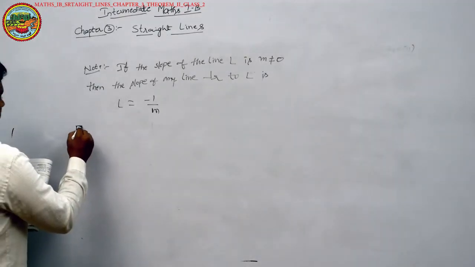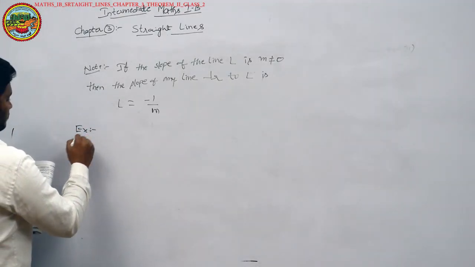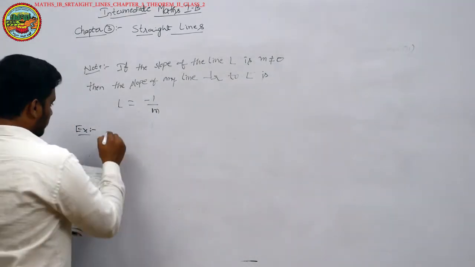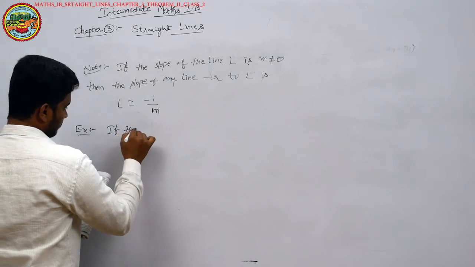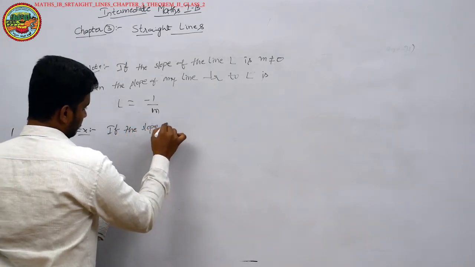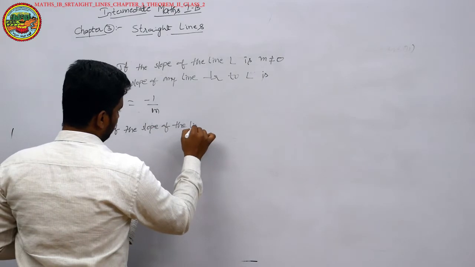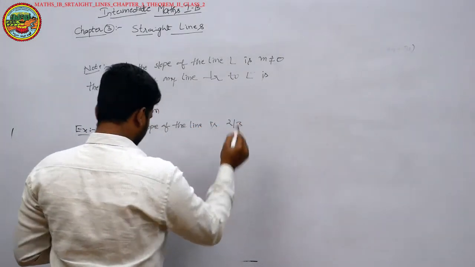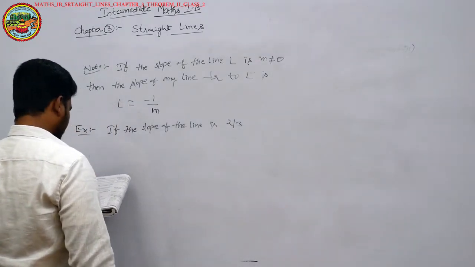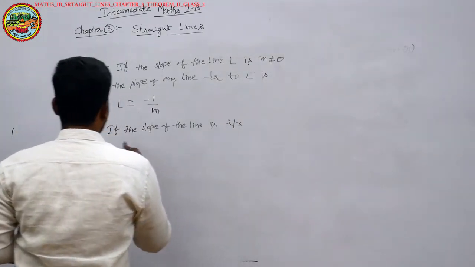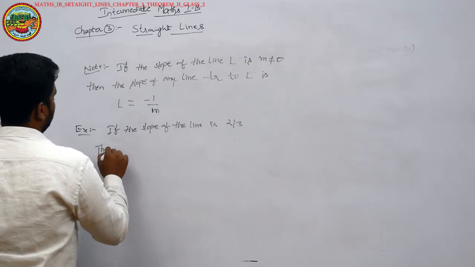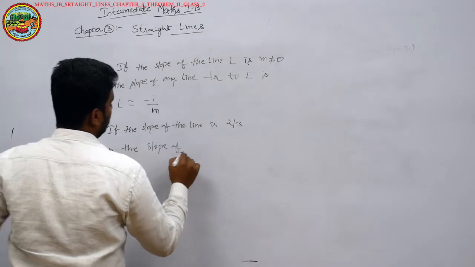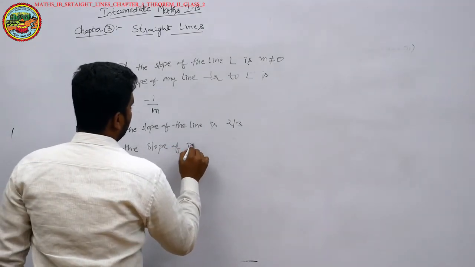So here I have an example. If the slope of the line is 2 by 3, then find the slope of its perpendicular line.